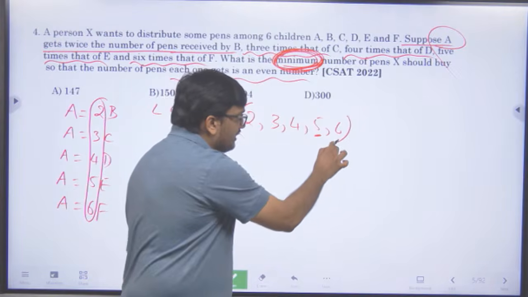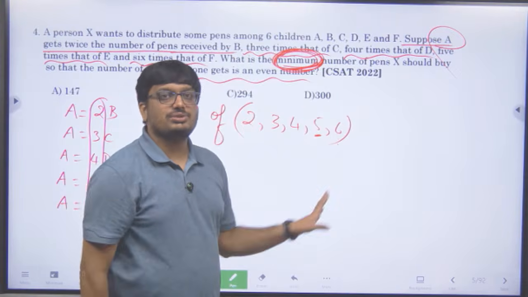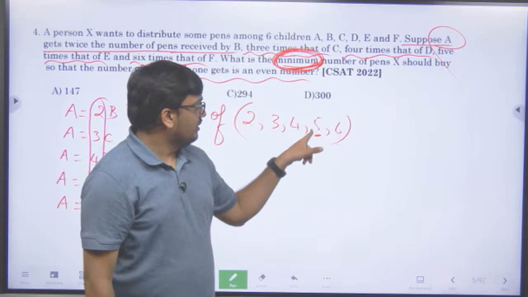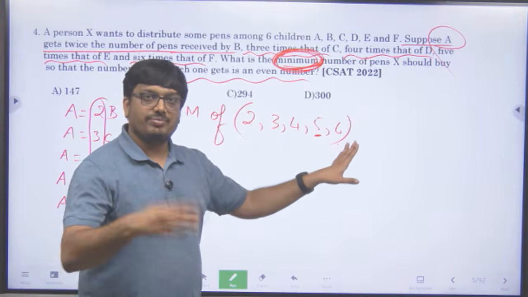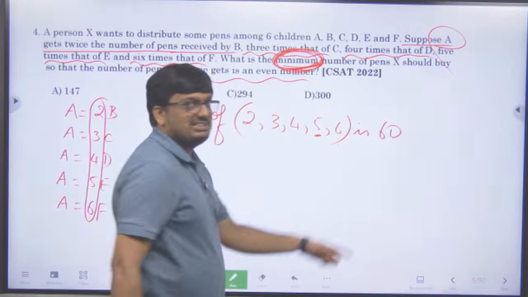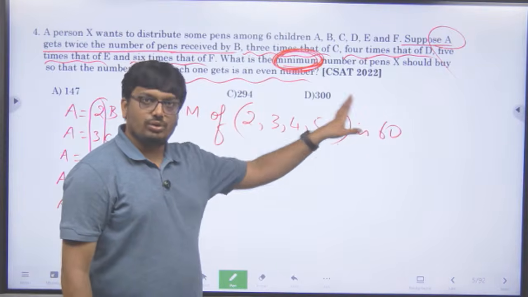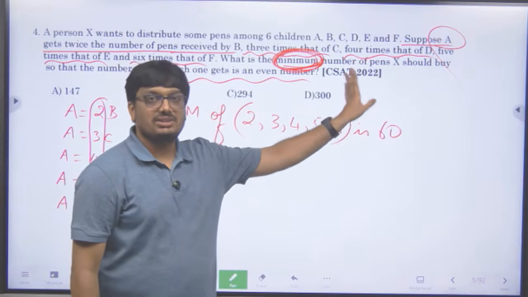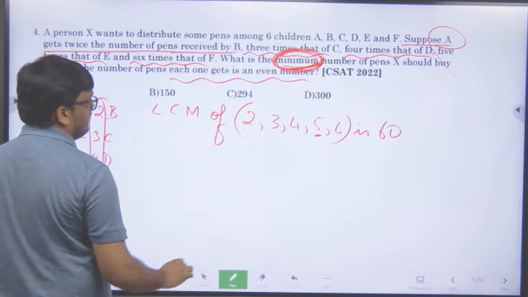In multiples of 6, last digit 5 is not there, last digit 0 is there. So 6 fives are 30. Yes, 5 is a factor, but 4 is not a factor. Leave 30. Next, 6 tens are 60. If I take LCM as 60, yes, 5 is a factor, 4 is a factor, 3 is a factor, 2 is a factor. Therefore, LCM is 60. LCM is 60 means A will get 60 pens.